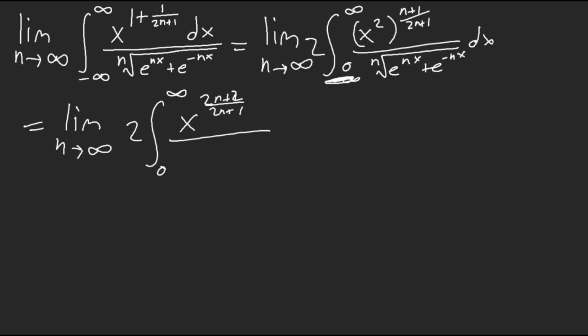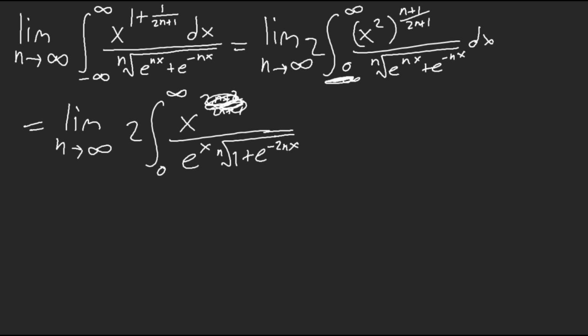So we're going to take e to the nx out. So we're left with e to the x, while inside of this n-th root we have 1 plus e to the negative 2nx, right?